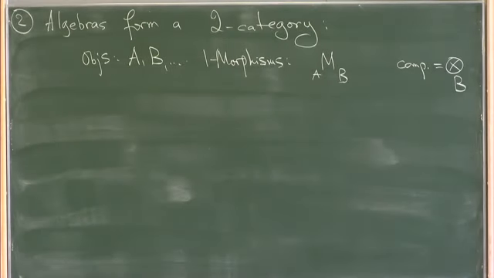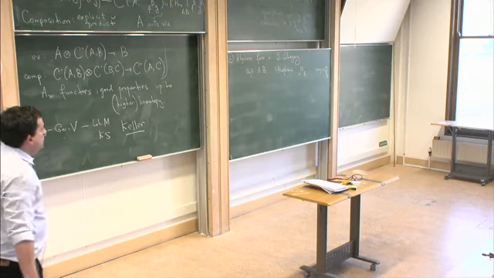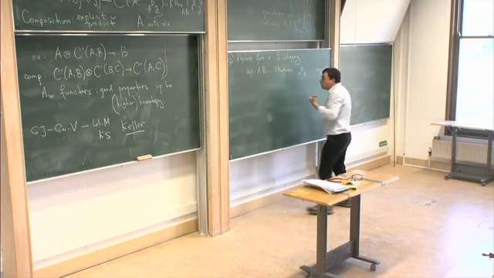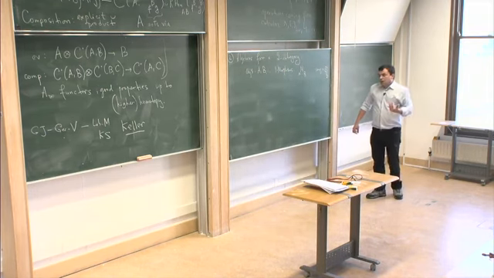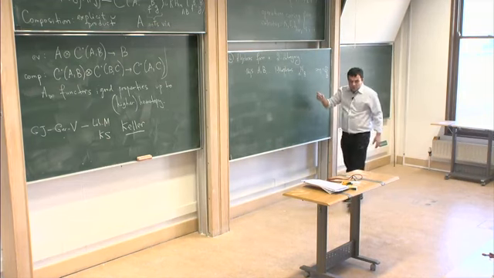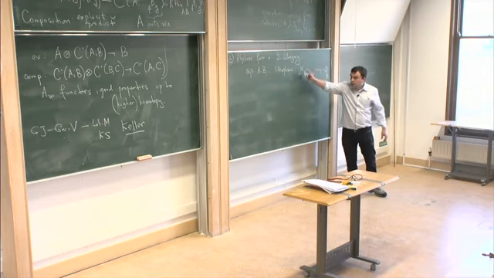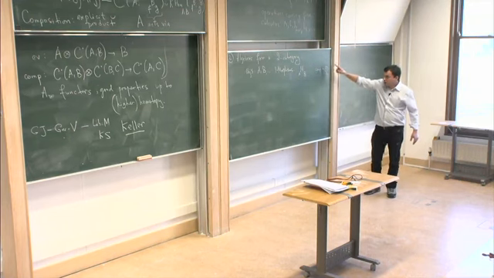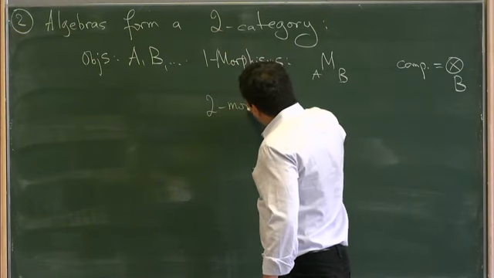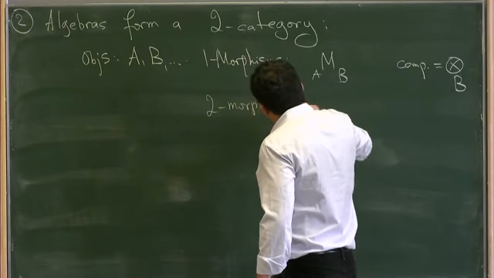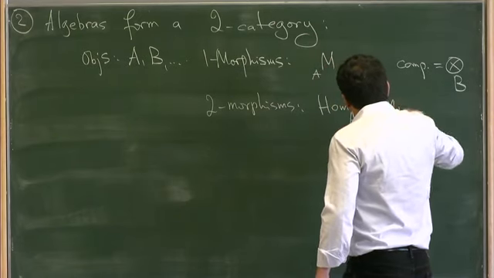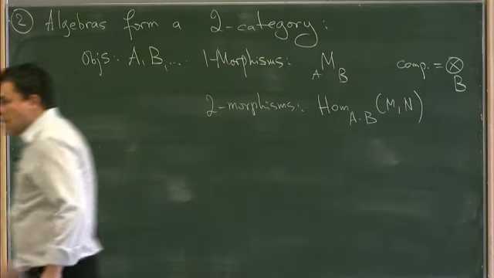So the classical fact is, of course, everything forms a category, but algebras form a two-category. Namely, as one-morphisms, we could take just morphisms of them, but more generally, one could take bimodules. Then the composition becomes the tensor product, and two-morphisms are morphisms of bimodules.